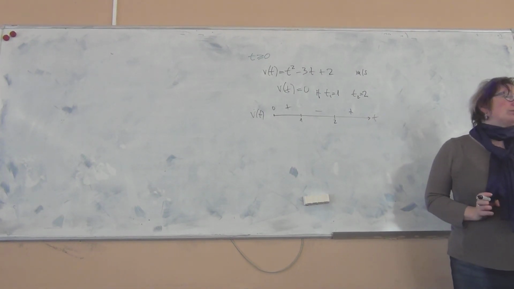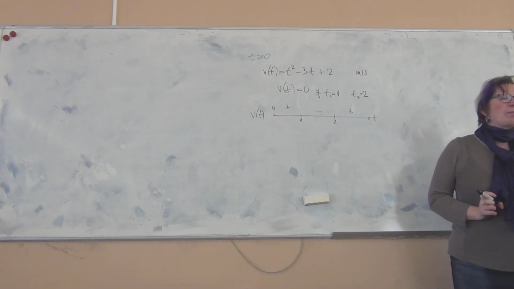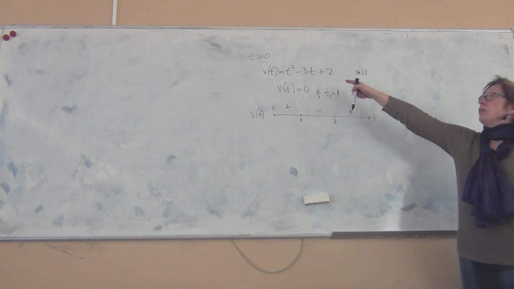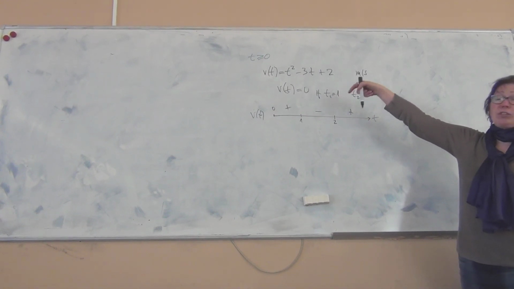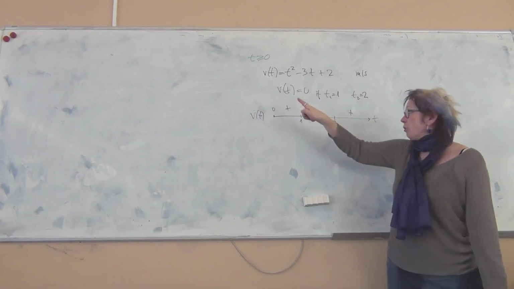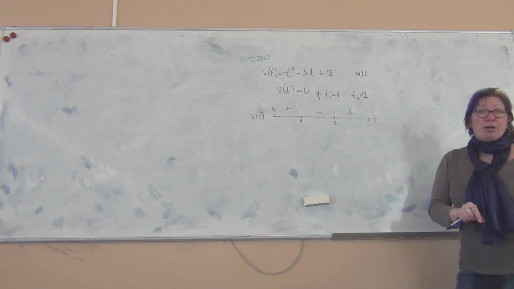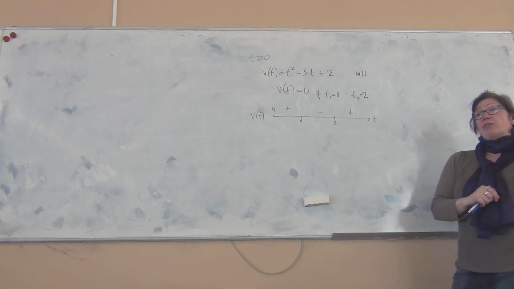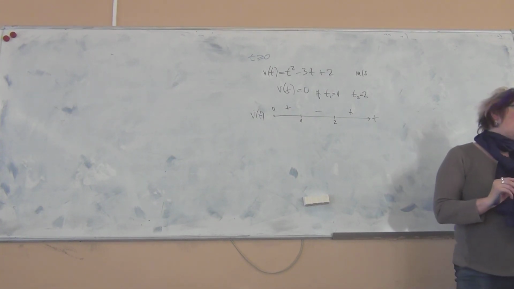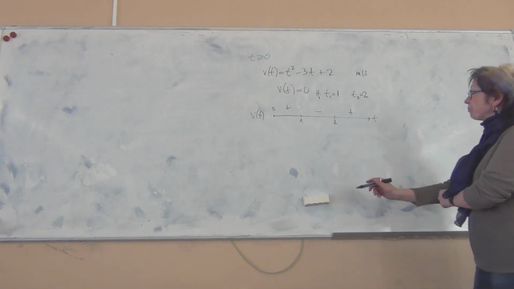How do I know it? High school stuff, first semester stuff, Math 1 stuff. This is a quadratic function, the graph of the quadratic function is a parabola. This means the parabola has its ends up, so it's positive, negative, positive. You have to be able to solve quadratic inequalities since 9th grade or so.